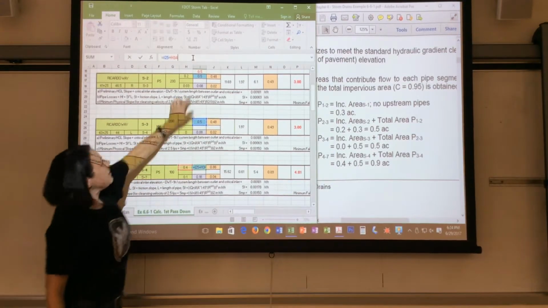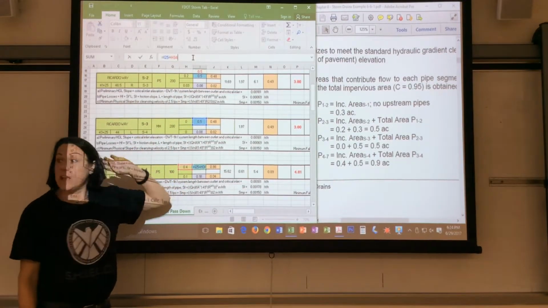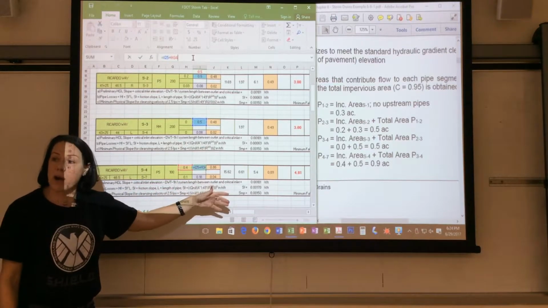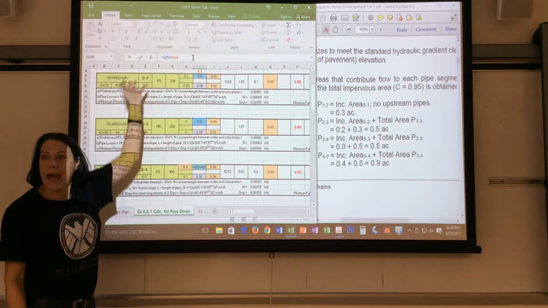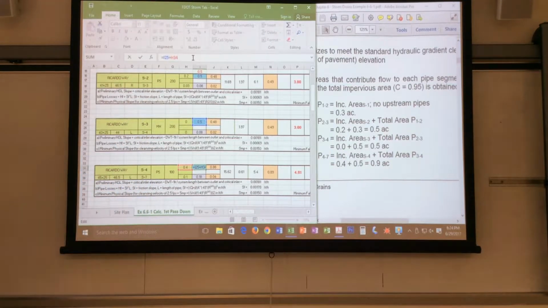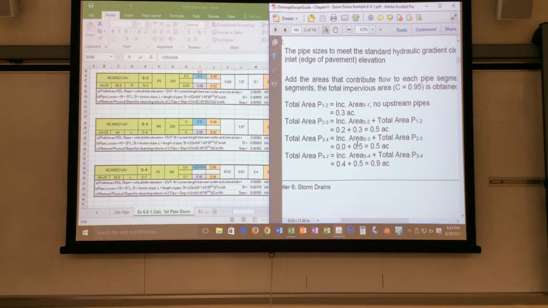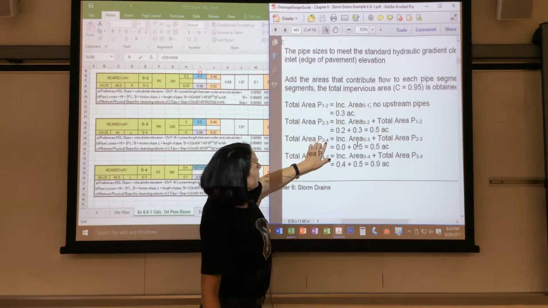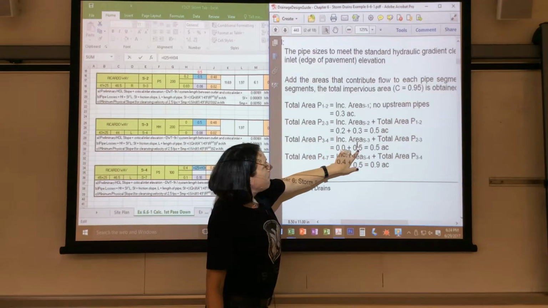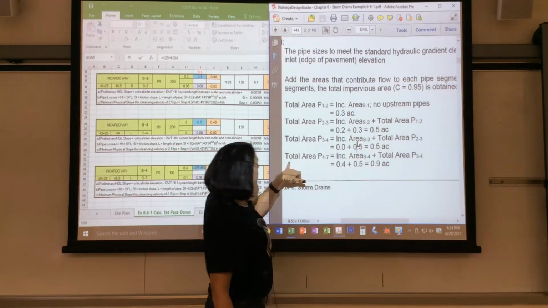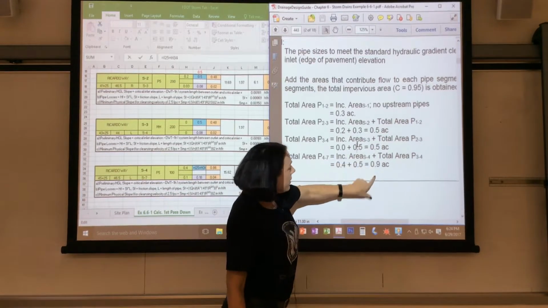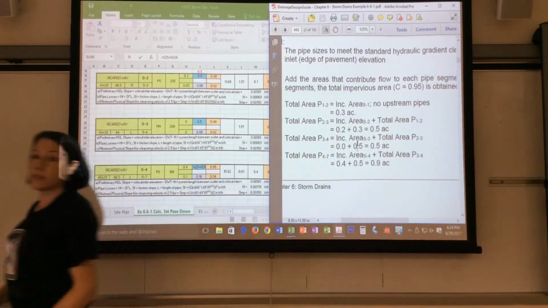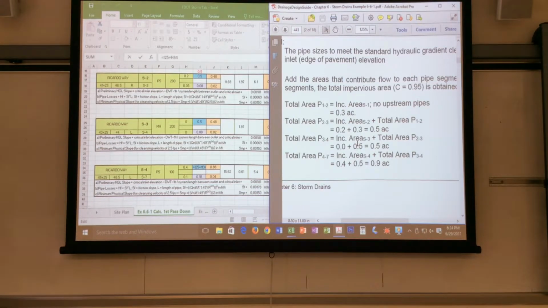You don't have to keep tacking up. If you know something is coming from somewhere you've already previously calculated, don't reinvent the wheel and add forward, okay? And you'll notice over here on this one, it's going from P3 to 4. So it's 0, 0.5 equals 0.5. Now it's going 4 to 7, 0.4, 0.5 from the previous one, to 0.9. That's how it's moving.